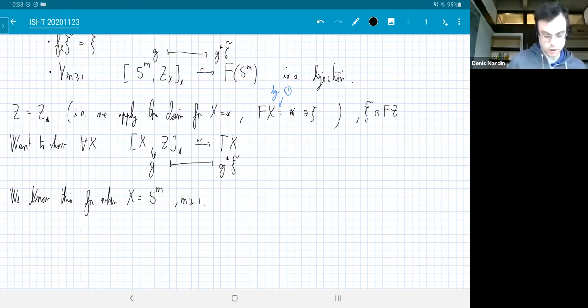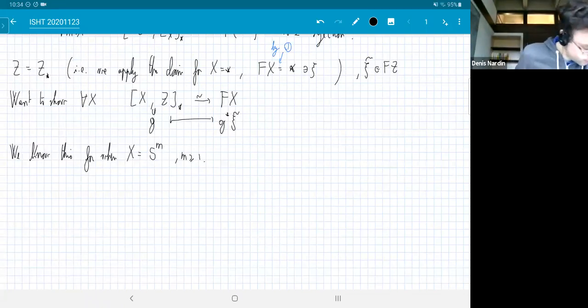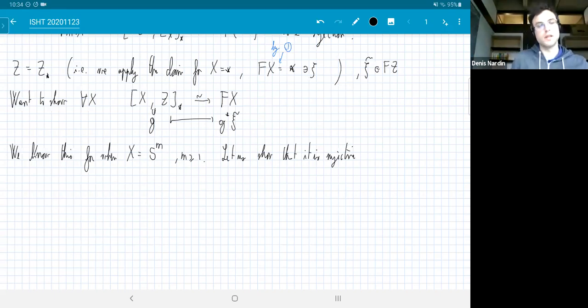So let us first show that it's surjective for every x. The idea of surjectivity and injectivity will come from applying the claim to auxiliary spaces that we build out of x.